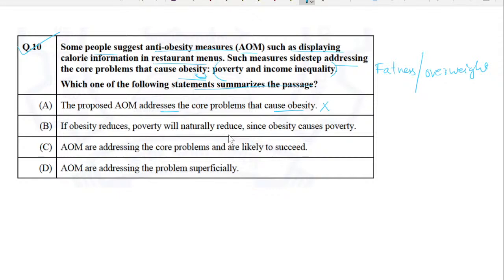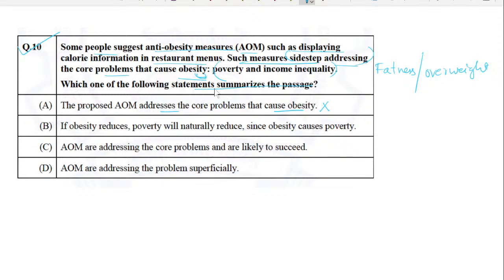But the AOMs are not addressing the main problem directly. It is a kind of sidestep. Such measures sidestep addressing the core problems. That is, these are not the core problems. These are only the sidestep of core problems.